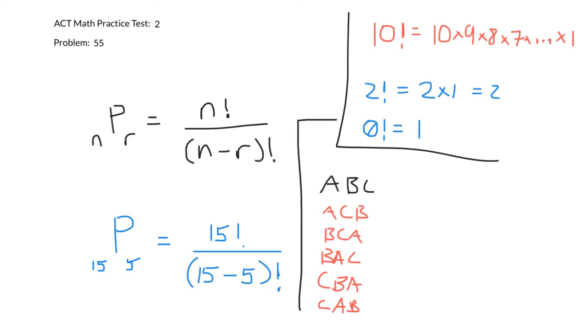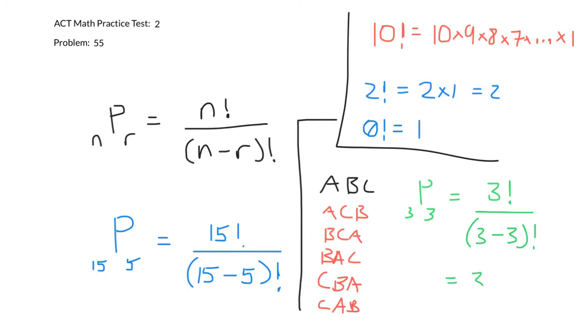So it's kind of a simple version. You want to take 3 objects taken 3 at a time. Well, that would be 3 factorial, right? Because that goes on top. And then underneath, it would be 3 minus 3 factorial.